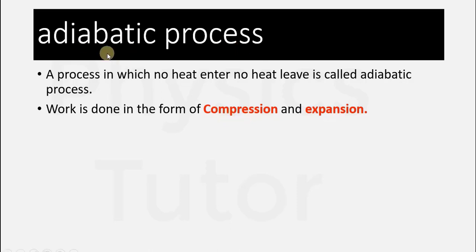This shows the adiabatic process. In the first half of the cycle we take compression, and in the second half we take expansion. This is the complete cycle which shows compression and expansion. A simple example is the release of air from a tire.